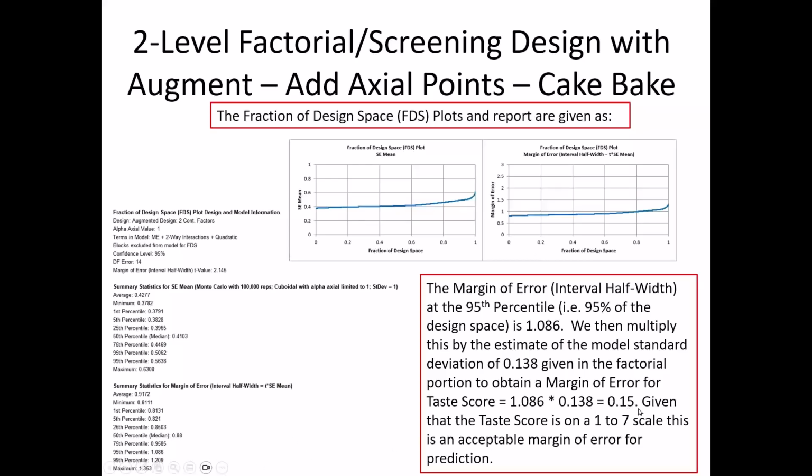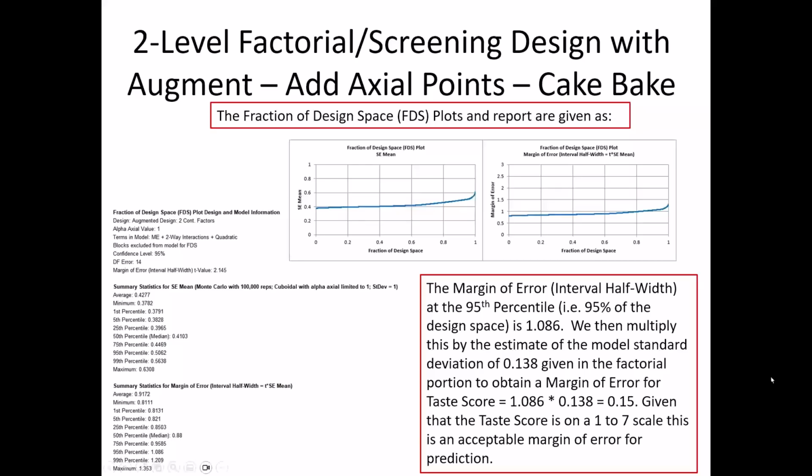That gives me 0.15. So that's going to be my margin of error. And by the way, I haven't collected any data as far as the response surface portion goes. So just like you can do power before you collect data, here the fraction of design space plot gives you information about your design before you actually have gone out and collected data. And that way you can determine if you need to add more replicates, for example.